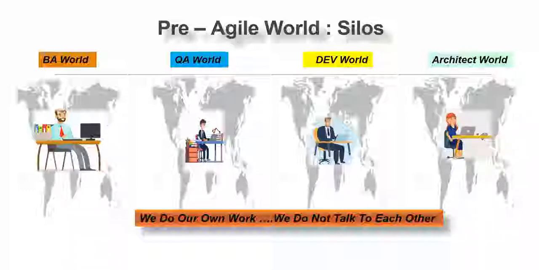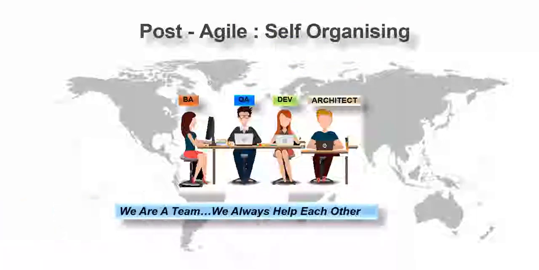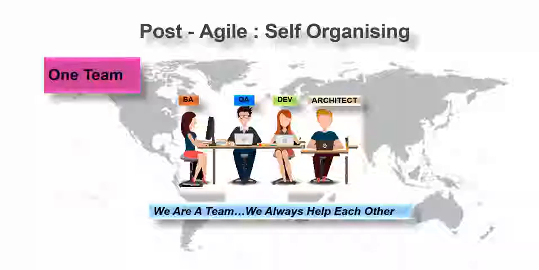So in comes Agile. What does Agile do? It comes up with a concept of self-organizing team. What is a self-organizing team? Agile says, you know what? We'll take one person from each of these silos and form a team.